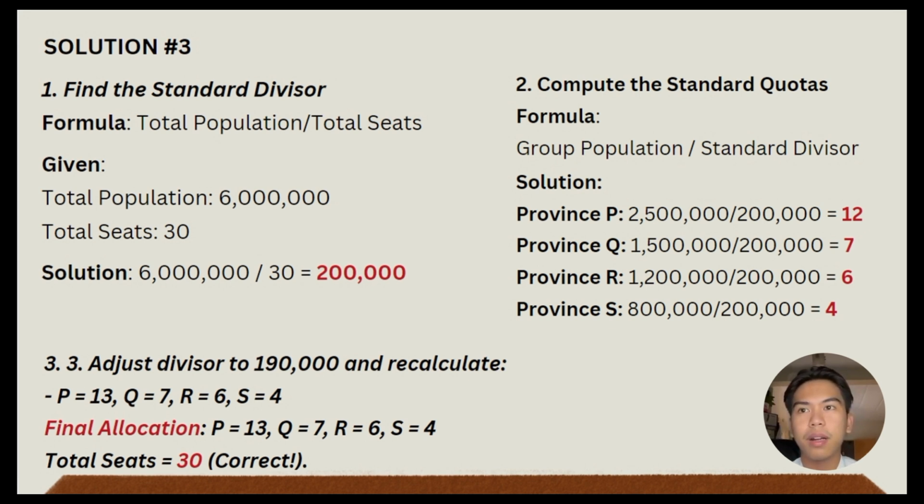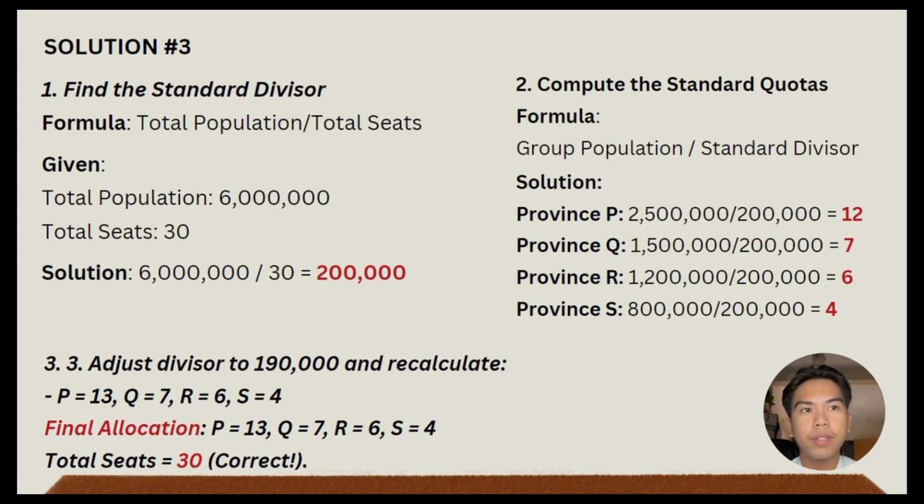Then province R, we got 1,200,000 divided by 200,000, which is equal to 6.0, or 6. Then province S, we get 800,000 divided by 200,000, which is equal to 4. Adding them up, we only get 29 seats.